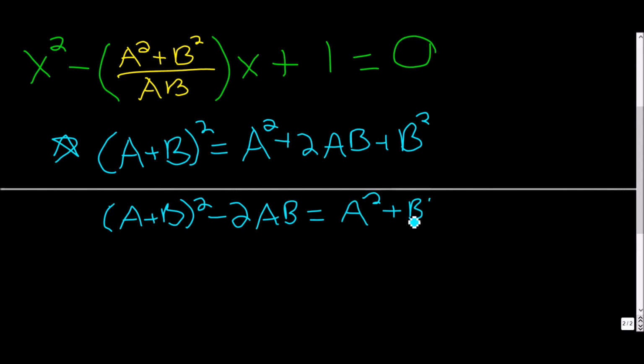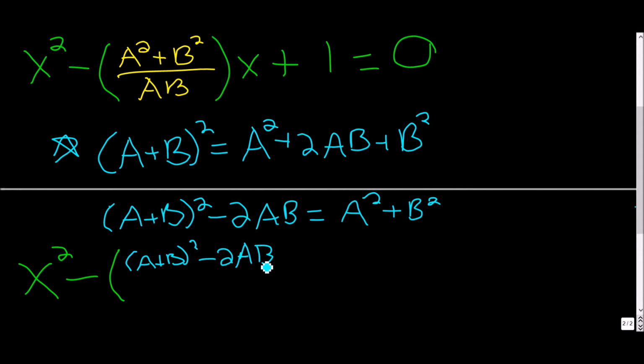So we can replace that in our equation. We're going to have x squared minus alpha plus beta squared minus 2 alpha beta, divided by alpha beta, times x, and so plus 1 equals 0.